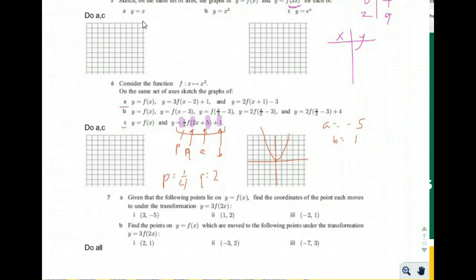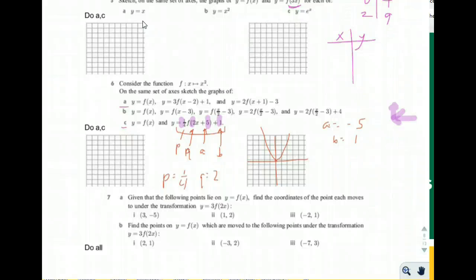Okay, so based on all that, we can make a prediction about what it's going to look like, right? Because a has a tendency to move it to the left by 5. B has a tendency to move it up by 1. So it's going to move to the left and then up 1. We know that a big q has a tendency to compress it, so it's probably going to be kind of compressed.